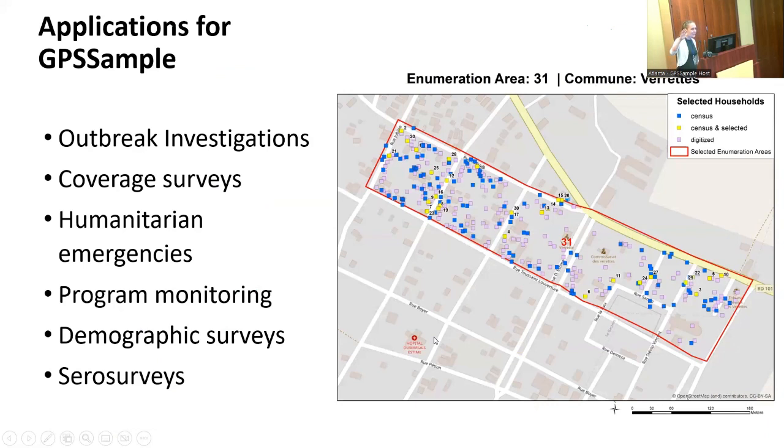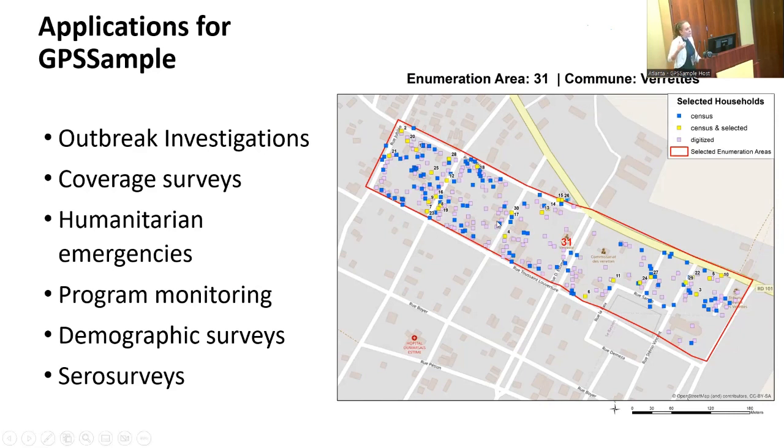So I just put up a map here of how you would go about generating the household data for a cluster. We think that GPSSample is really useful for these use cases: outbreak investigations, program monitoring, coverage surveys, humanitarian emergencies, and also demographic surveys. In the map, you can see that the purple squares are digitized structures.